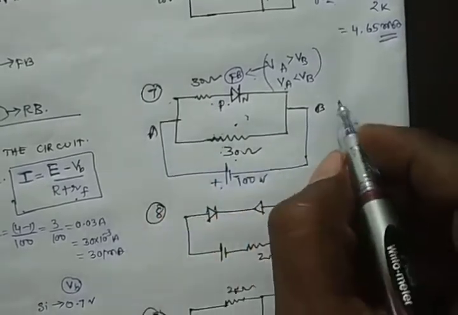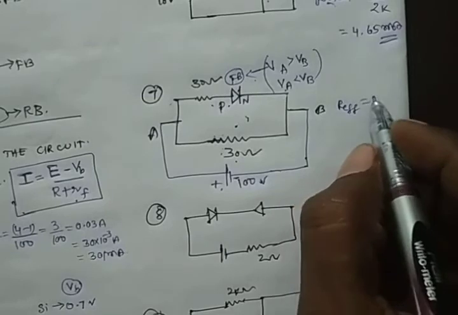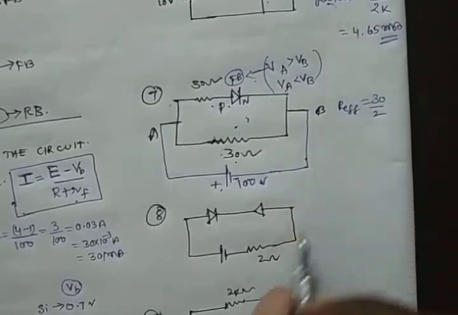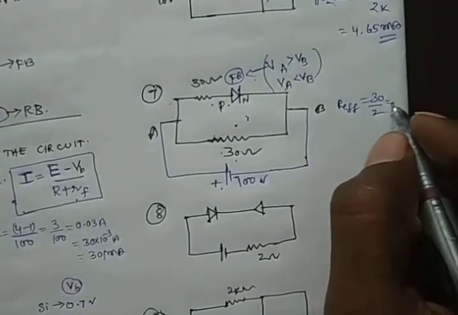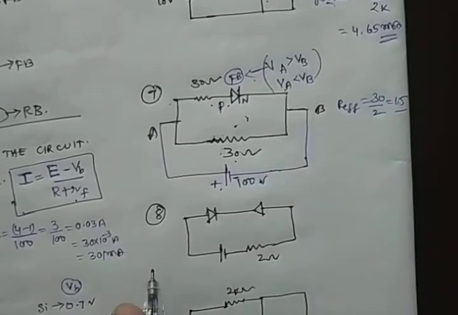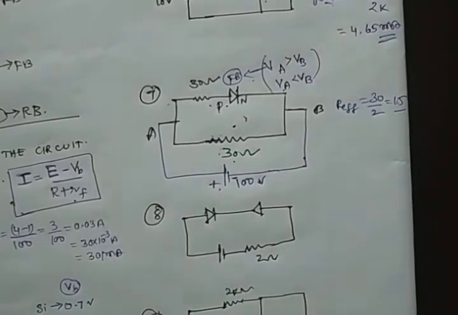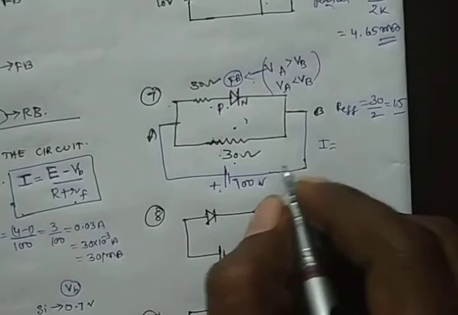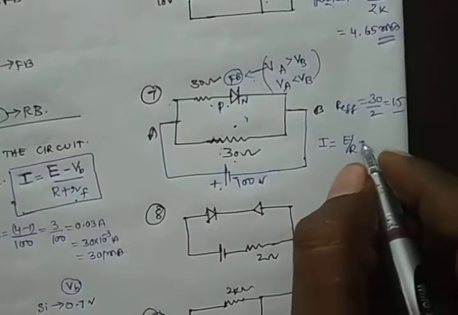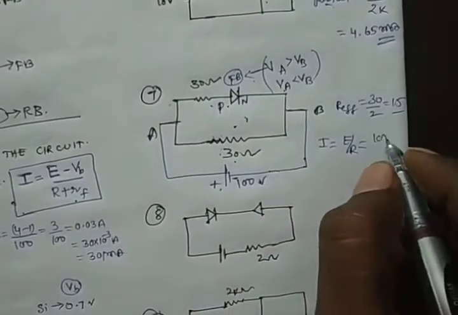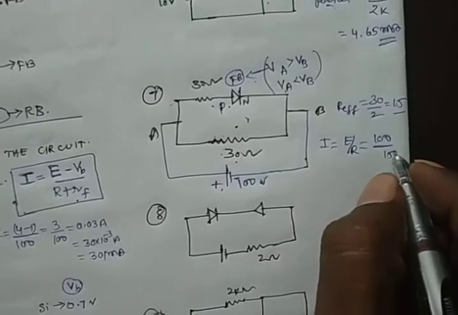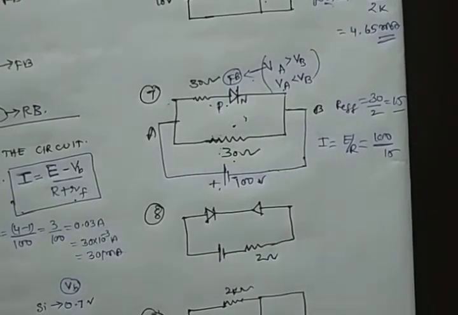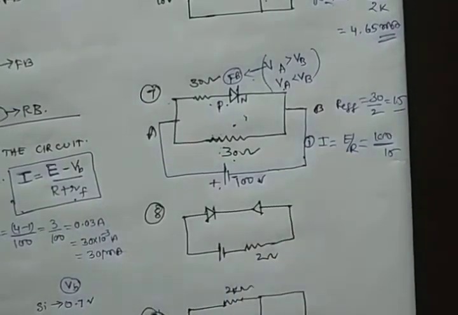So effective resistance is equal to how much? 30 by 2, that is 15. Now current from Ohm's law, I equal to E by R. E is how much? 100 by 15. That is in the first case.